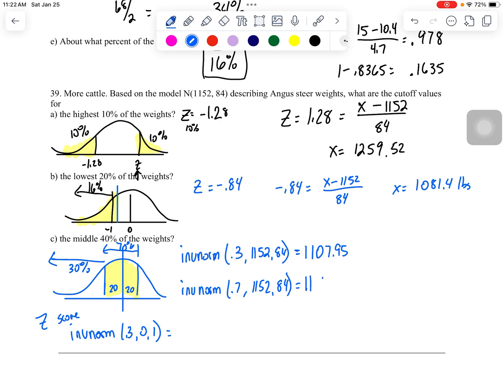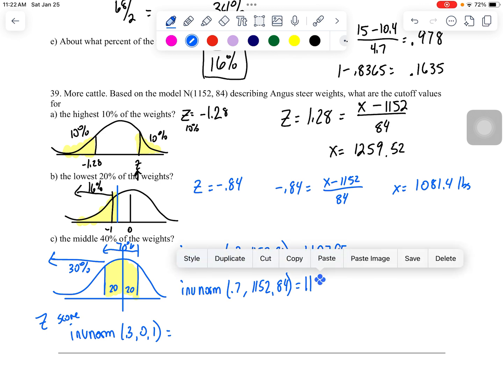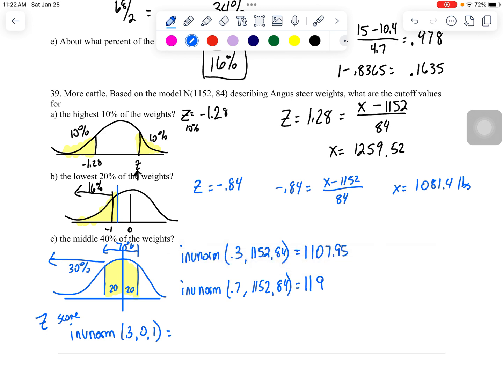When I switch between apps, sometimes it doesn't like to do that. Okay, so there we go. That's how we're going to find the middle for. Now, if you're actually using a TI-84, that guy, you can actually do a middle area, and it will do even nicer things for you, but that's all we have. Okay, we have this one more page left of cattle, and so we will attempt to get through this the best we can.